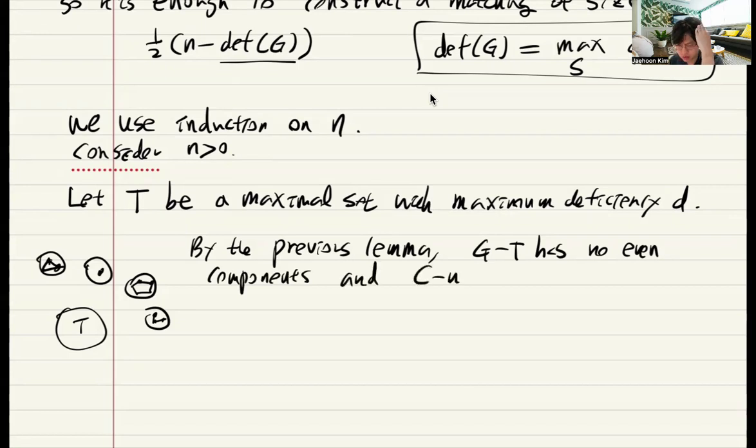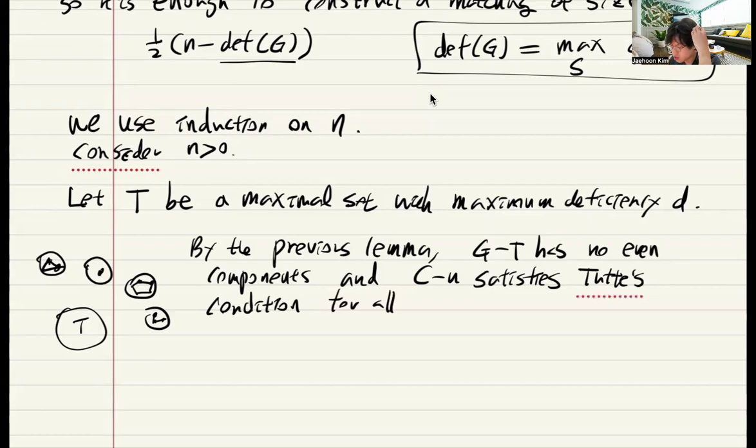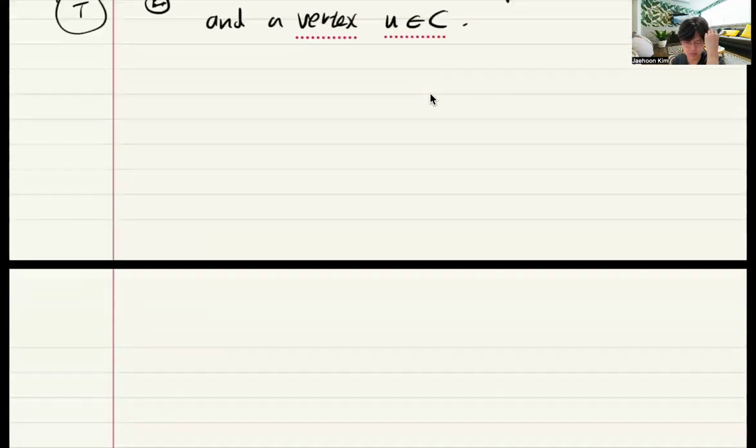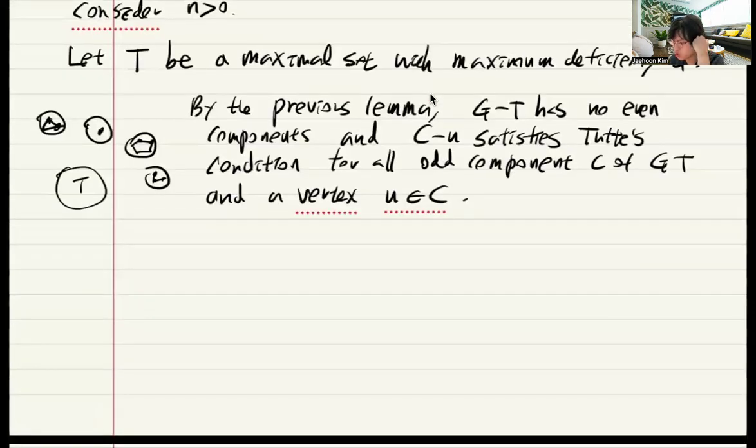And C minus U satisfies the Tutte condition for all odd components C of G minus T and a vertex U in this C. Then what do you know?